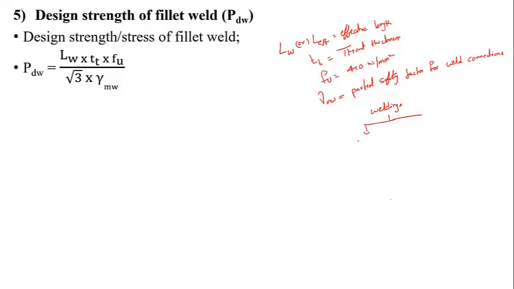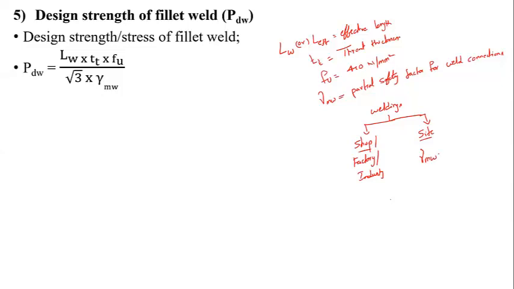One is that the welding can be done at the shop, or at the factory, or at the industry. Anything is the same. So the first criteria is welding which has to be done at the shop or at the factory or at industry. The second criteria is welding which has to be done at the site itself. Based on shop welding and site welding, we have different values of gamma MW.